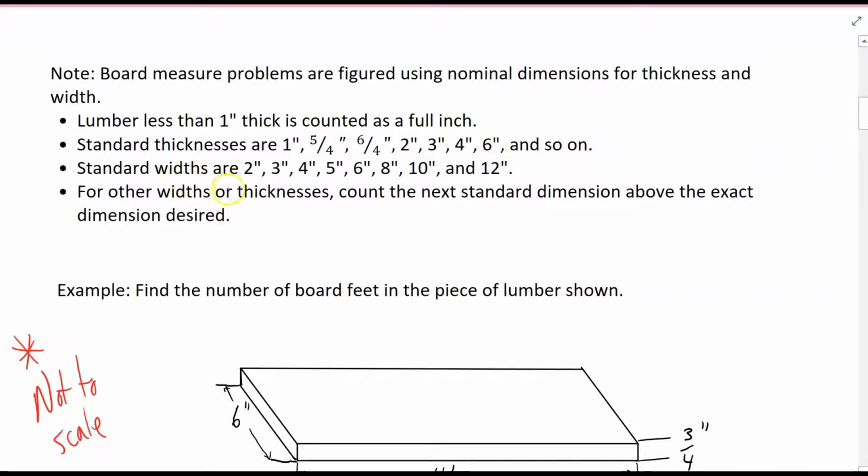Standard widths are 2 inches, 3 inches, 4 inches, 5 inches, and then we stick with evens, 6 inches, 8 inches, 10 inches, and 12 inches. For other widths or thicknesses, count the next standard dimension above the exact desired dimension. So for example, if we have a width of 7 inches, then we should count it as 8 inches.